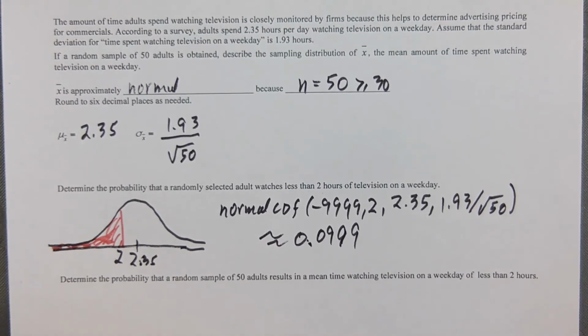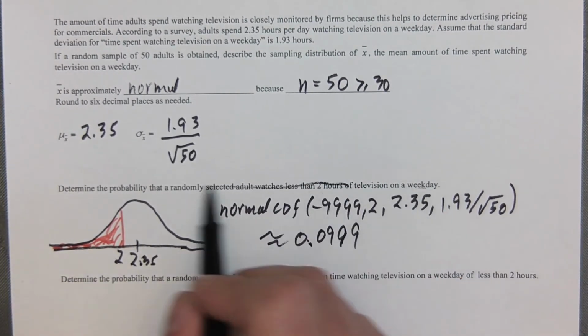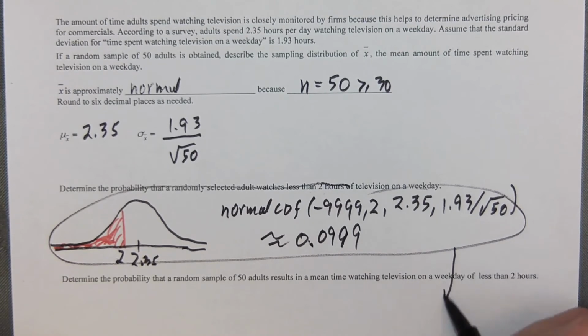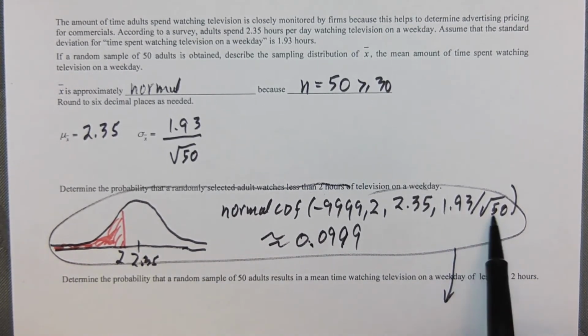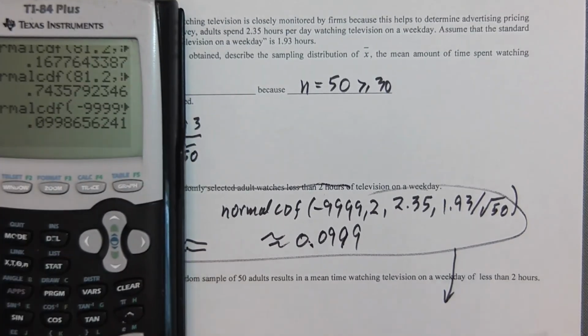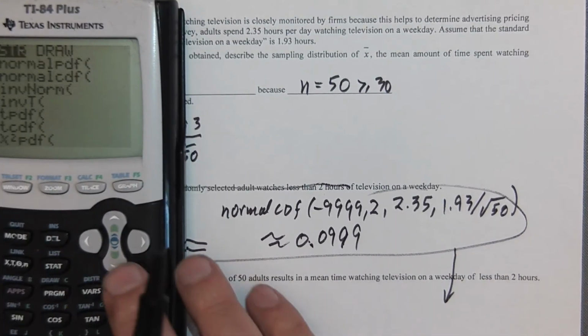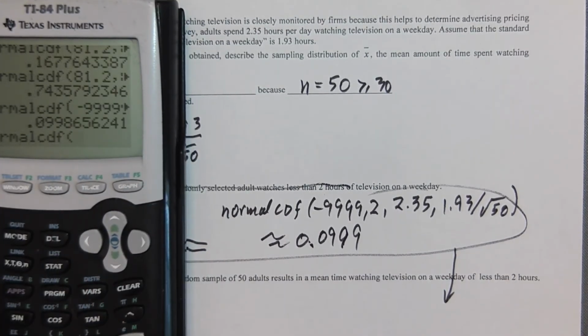Yep, I put that in the wrong one. This goes down here. I jumped the gun here. This one should be without the root 50. Negative 99999, comma, 2, comma, 2.35, comma, 1.93.